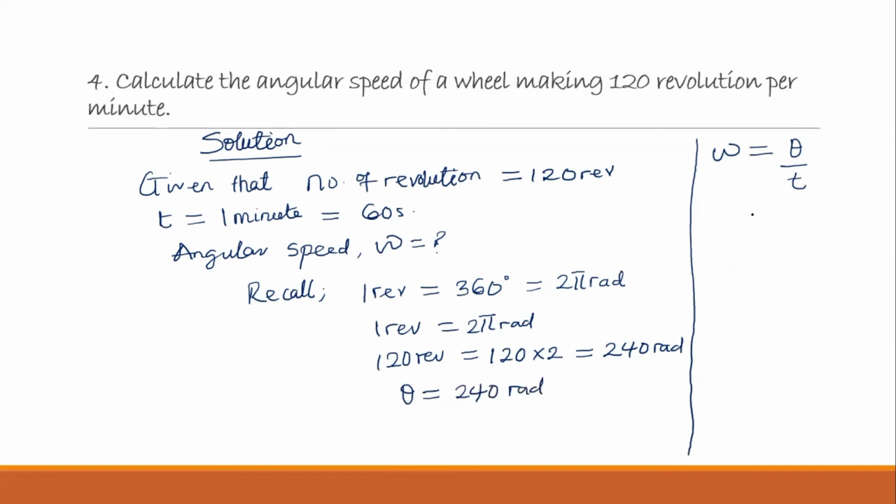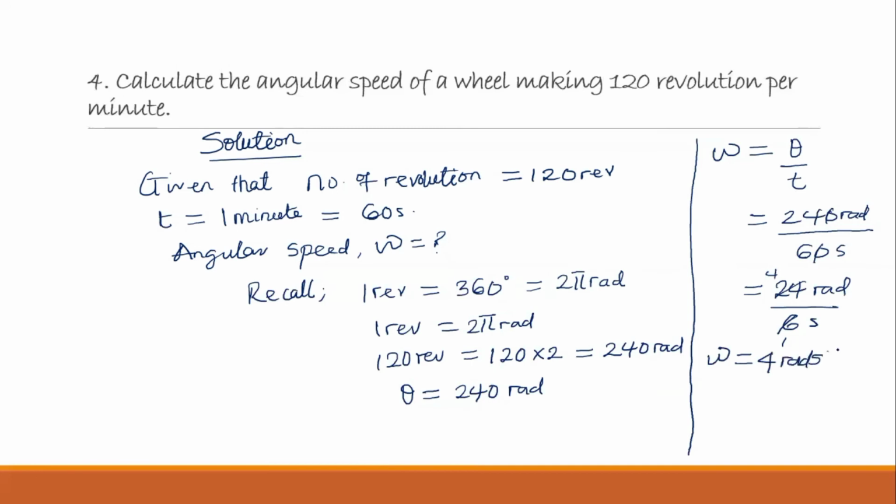So from this formula, I'm going to have 240 pi rad all over 60 seconds. Cancel this 0, I'll be left with what? 24 pi rad all over 6 seconds. 6 in 6, 1. 6 in 24, I have 4. So omega will become 4 pi rad per second. So the answer is 4 pi rad per second. I hope this is clear.